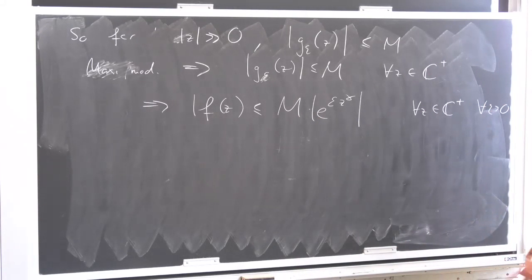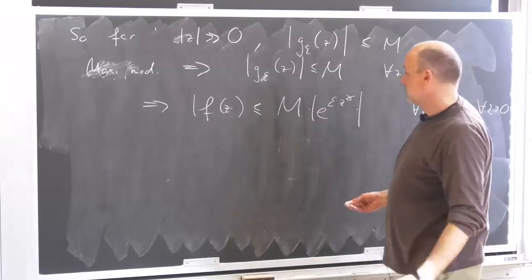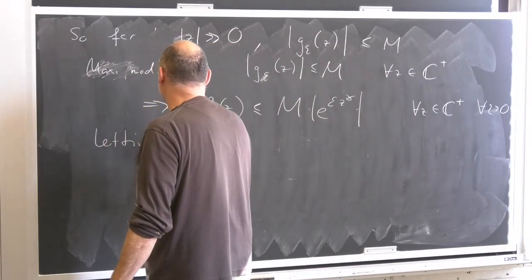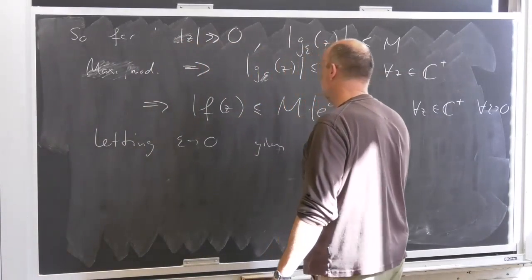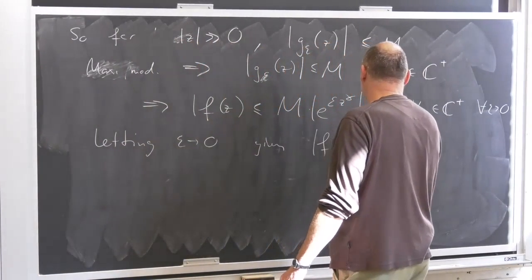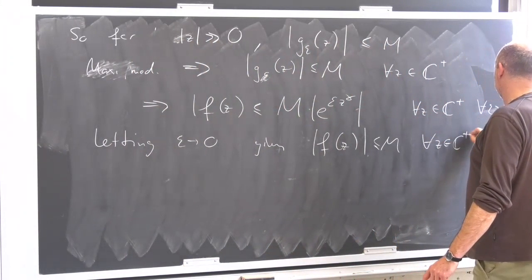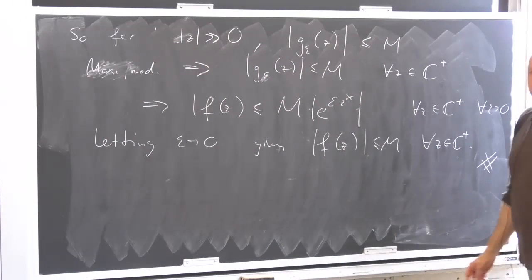If I let epsilon go to 0, this approaches 1. Letting epsilon go to 0 gives f of z less than or equal to M for all z. Okay, makes sense?